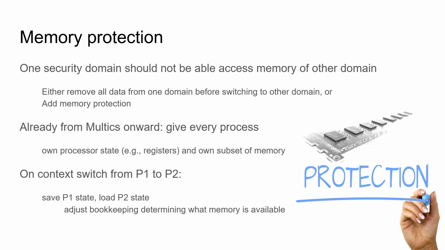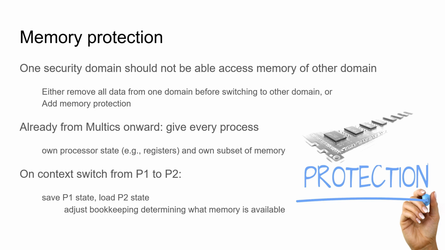And memory protection has been around for a long time already, available in Multics. What we do is give every process its own processor state, so its own set of registers that we use for that process, and its own subset of memory.